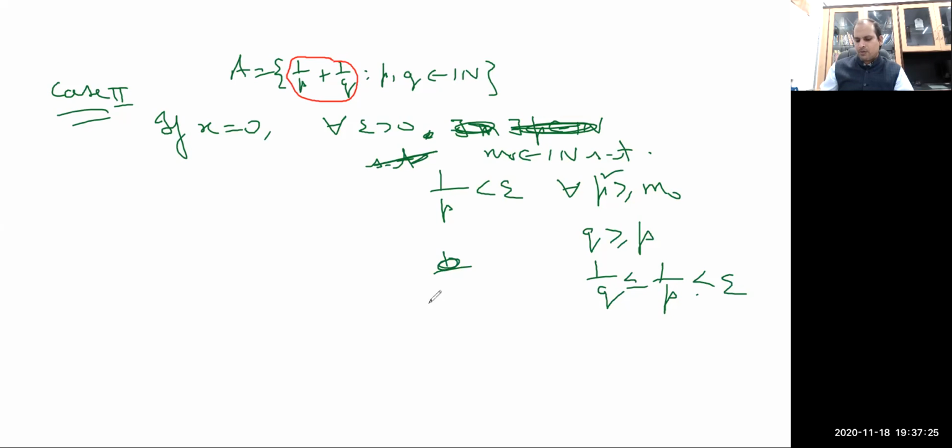So 1 by Q plus 1 by P is less than 2 epsilon. Let me call this 2 epsilon as epsilon dash. So for every epsilon dash greater than 0, between 0 and epsilon dash there lie infinitely many members of the type 1 by Q plus 1 by P.